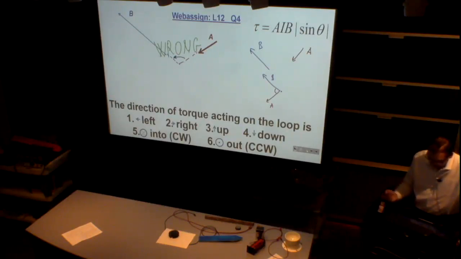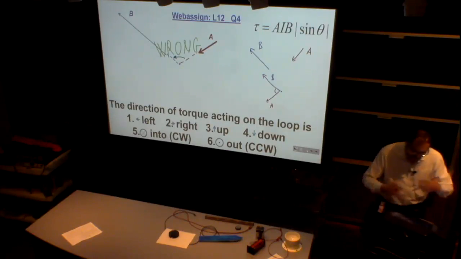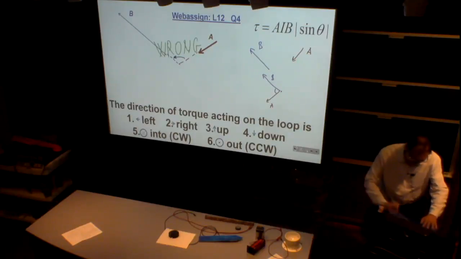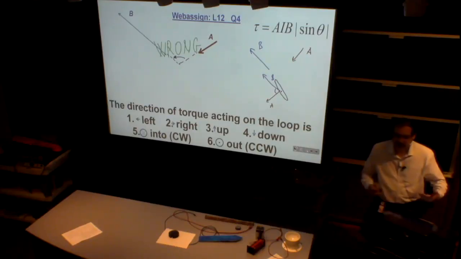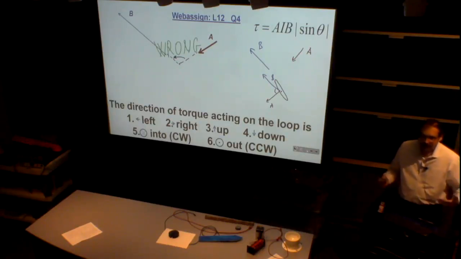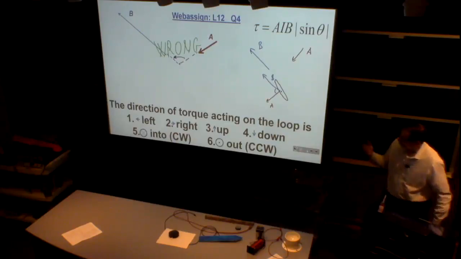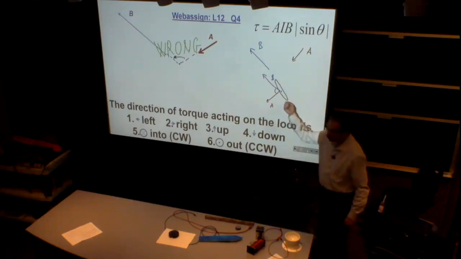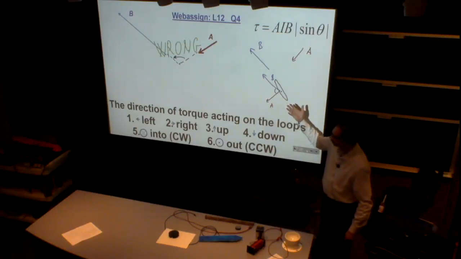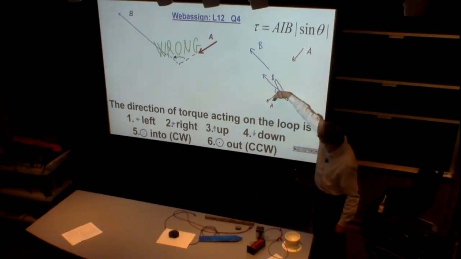Now, we can do some physics. Physics says, well, first of all, we have to imagine that probably there is a loop like this. And the area vector is that vector which is perpendicular to that loop. And if that loop would have been released from rest, it would be moving how?